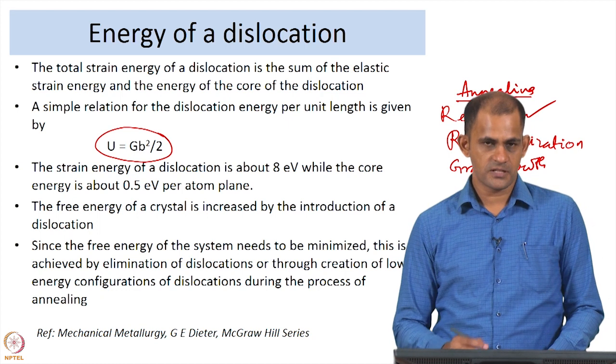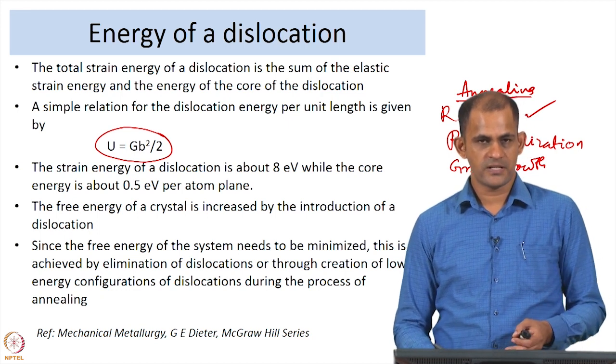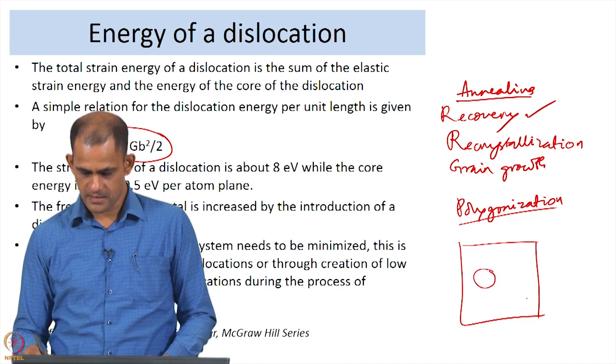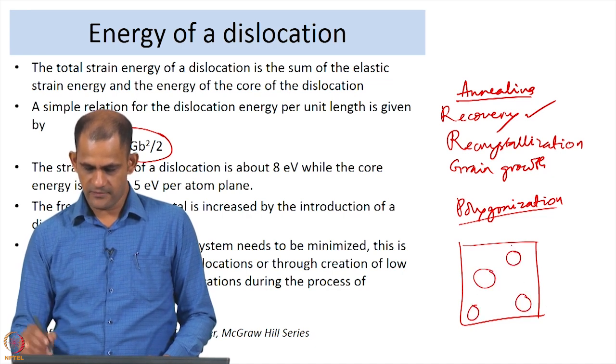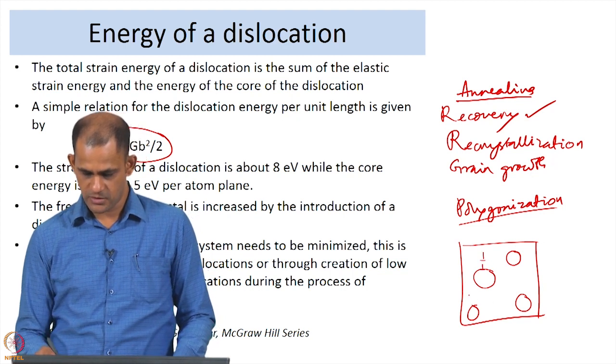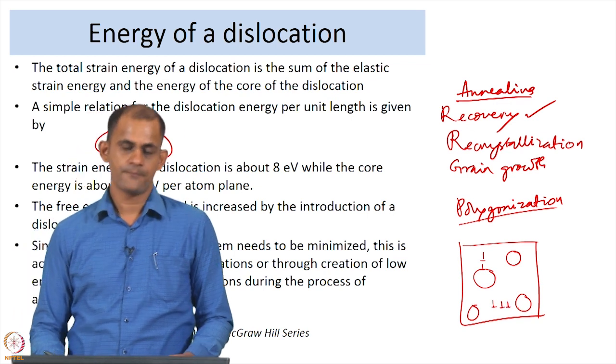That is because, assume you have a composite material and this is a second phase, and the dislocation here, let me describe it as an edge dislocation, is moving towards the second phase.